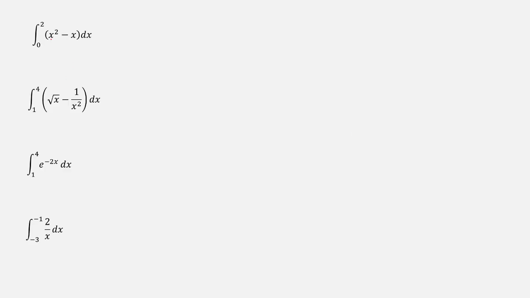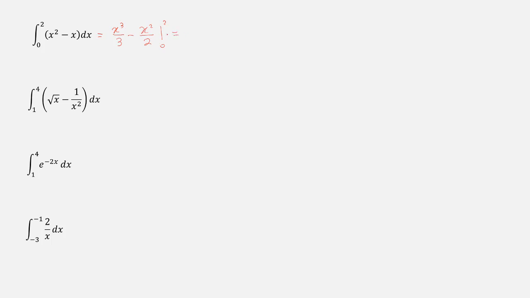In the first example, we have the integral from 0 to 2 of x squared minus x dx. Using the power rule, we get x cubed over 3 minus x squared over 2, from 0 to 2.